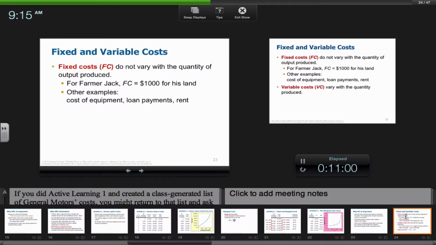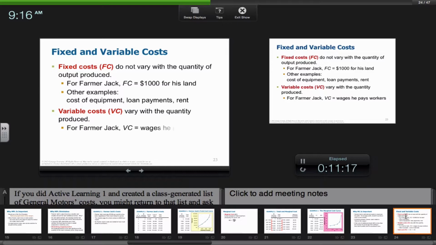It was indeed. Good. Okay, variable costs change with the amount that you produce. So what is Farmer Jack's variable cost? Labor costs. Good. So for Farmer Jack, that is the wages that he pays out. What would be a variable cost for you?